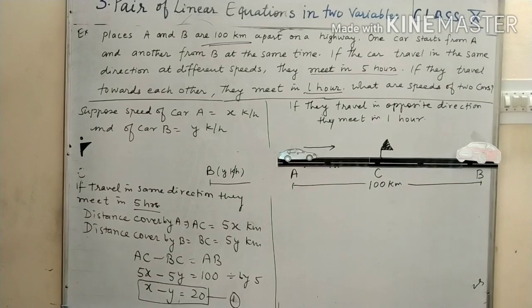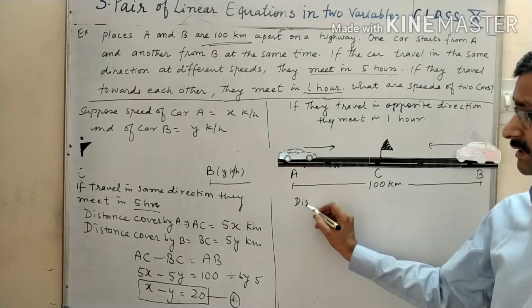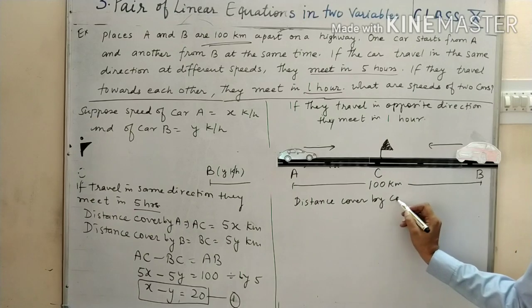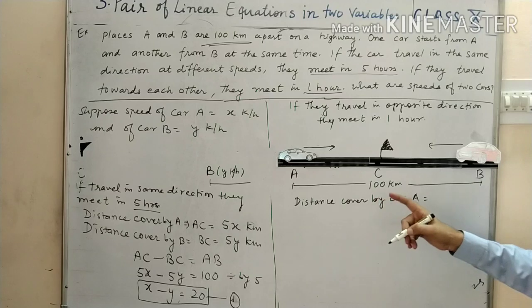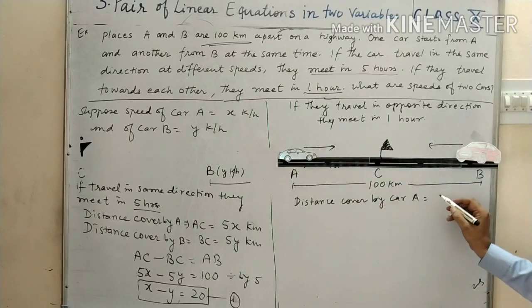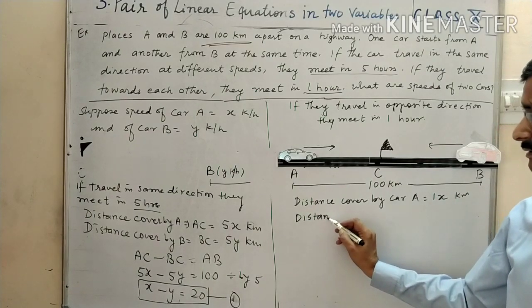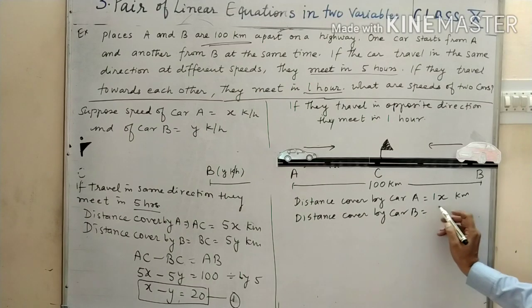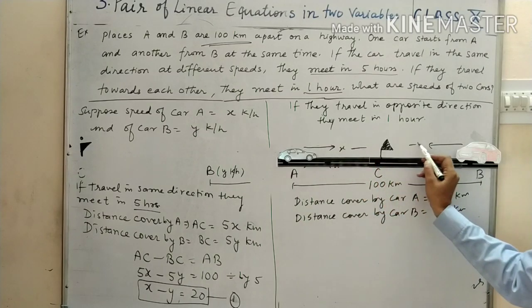Now they meet in 1 hour, so the distance covered by car A equals 1 hour times speed x, so 1x km. Then the distance covered by car B equals 1y km.